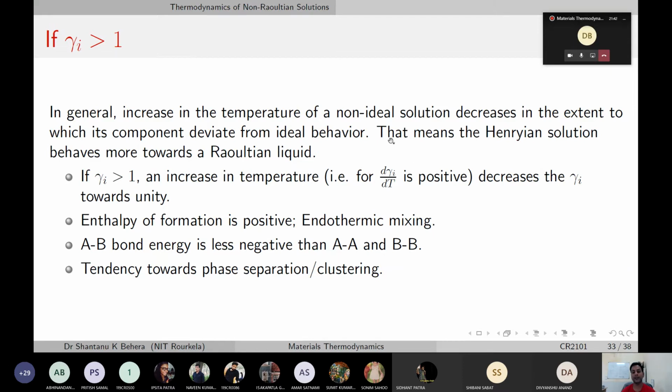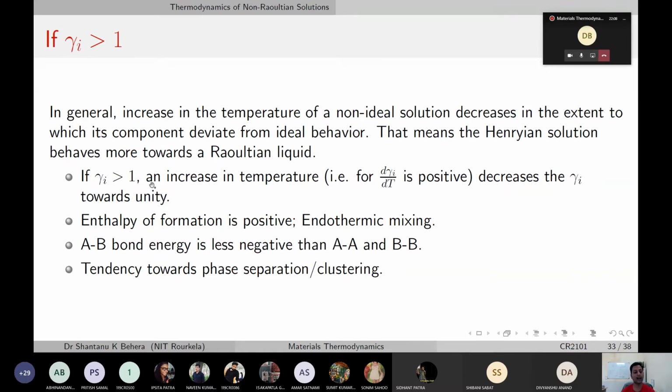Now, the Henryan solution. What could happen is that if gamma I is more than 1, that means with the increase in the temperature, d gamma by dT is positive.